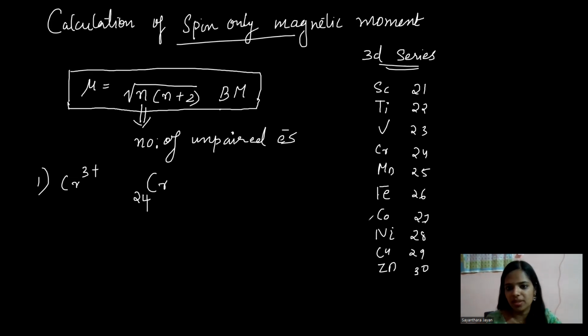You have to remember this particular series. So from here, you get the atomic number of chromium as 24.